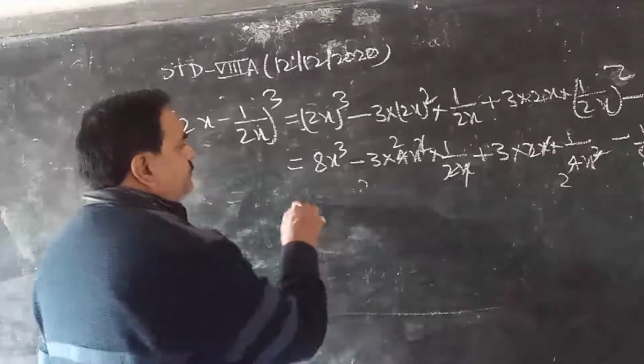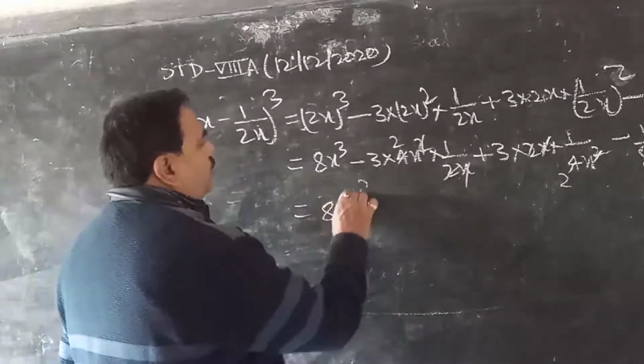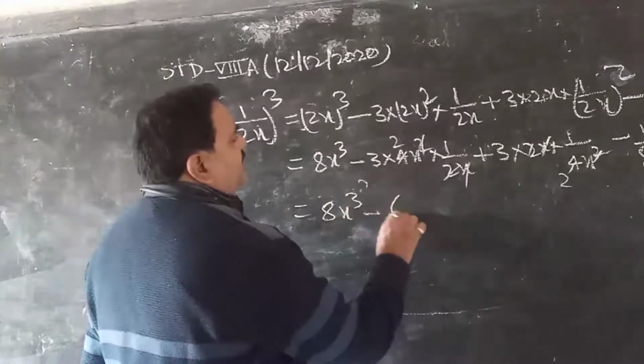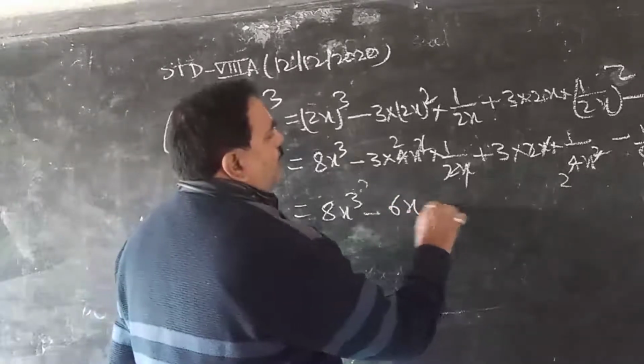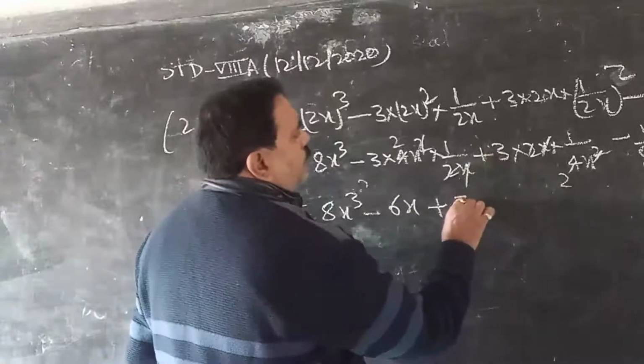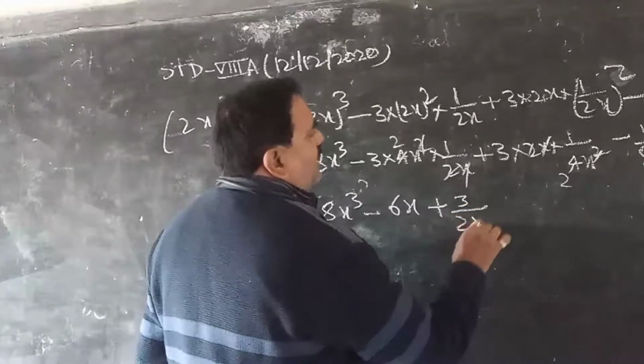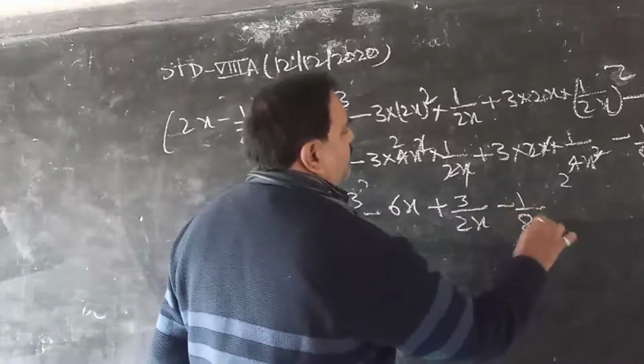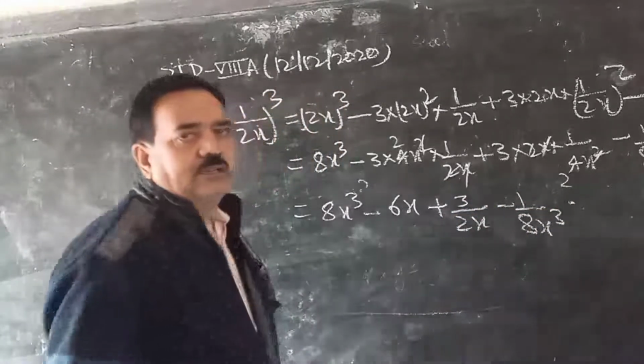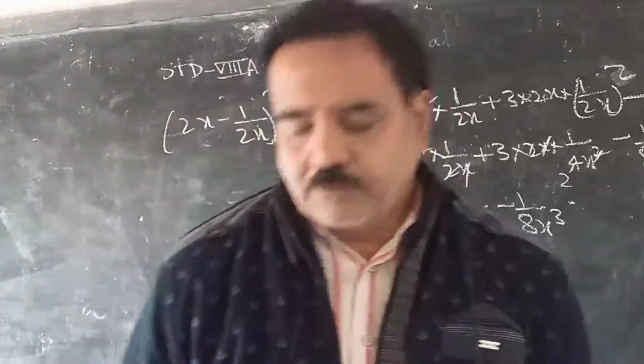What is left? 8x cube minus 6x plus 3/2x left and minus 1/8x cube. This is our answer. Do you follow?